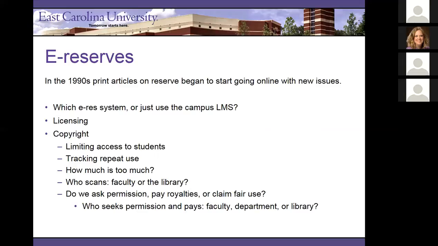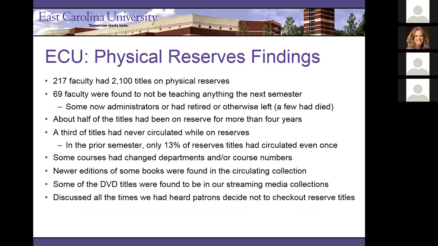Which brings me to what ECU has done. When we looked at our physical reserves, we were pretty surprised when we delved into the specifics. And this might be the failure part of the theme. We found that 217 faculty had over 2,100 items on physical reserves.